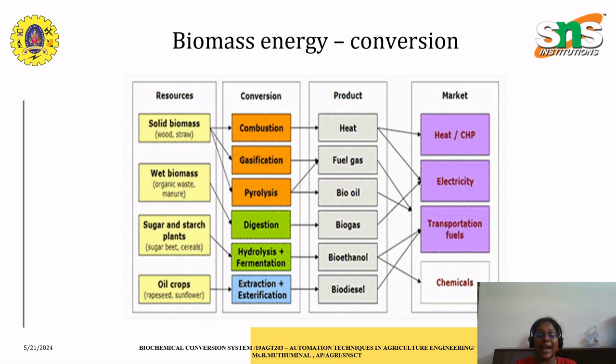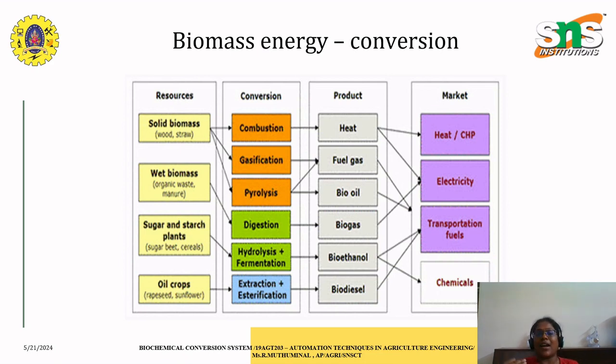The third category is sugar and starch plants, which are obtained from sugarcane, beetroot and cereals. The last category is oil crops, which is categorized under rapeseed and sunflower seeds. So these are going to act as resources for converting them into a product and used in the output market.